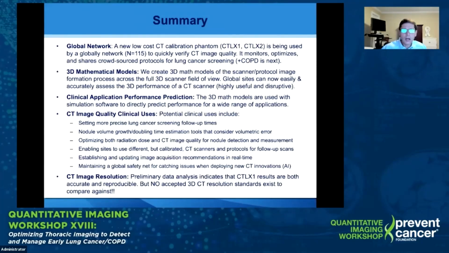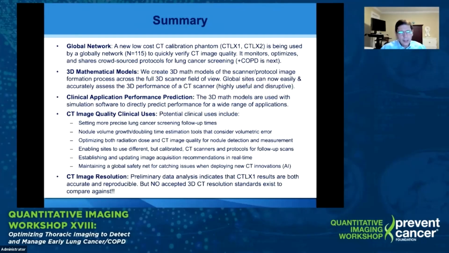And again, Chuck will talk about an effort that I'll be inviting a whole bunch of people to soon to look at guidance on protocols for both lung cancer screening and COPD. Now, it's important to recognize that these types of phantoms produce 3D mathematical models, and those models then can be used to predict performance for different clinical applications.